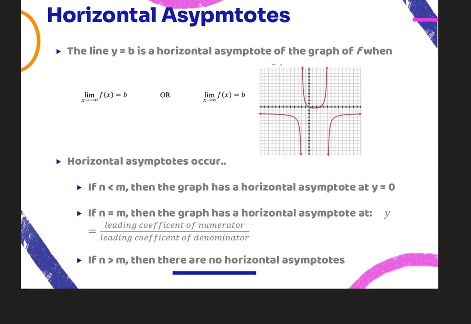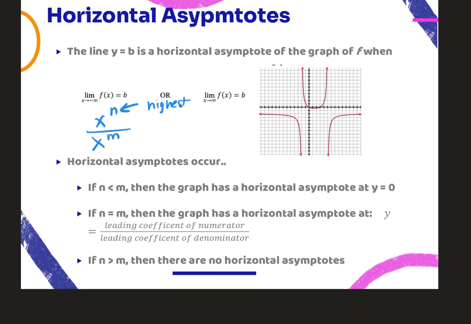If you have a rational function, so if it said x to the n over x to the m, n is the highest exponent in the numerator, and m is the highest exponent in the denominator.